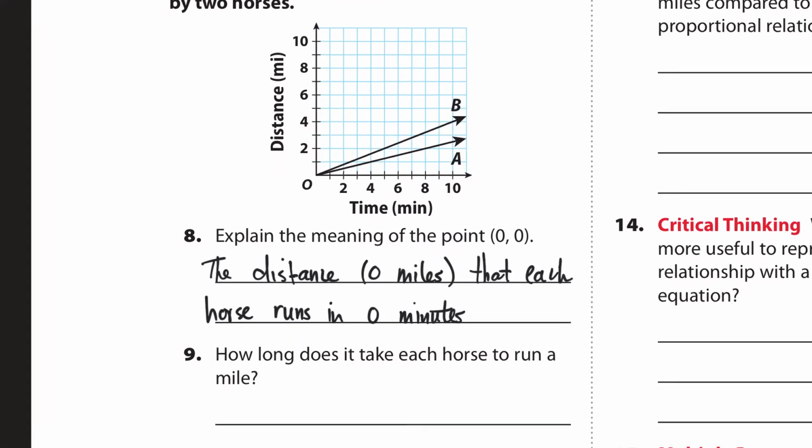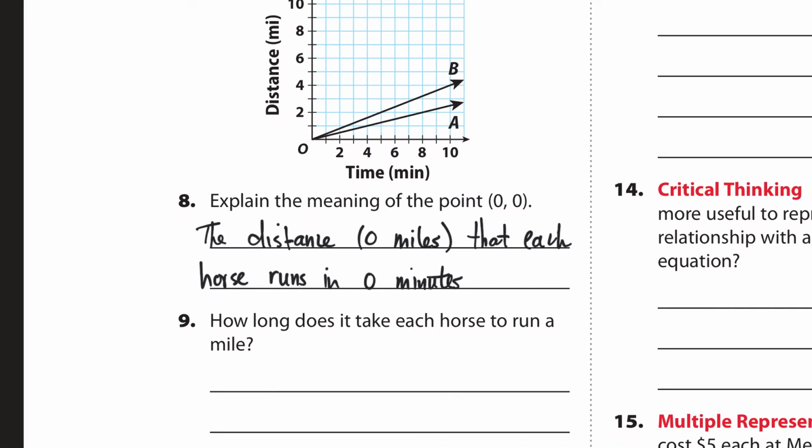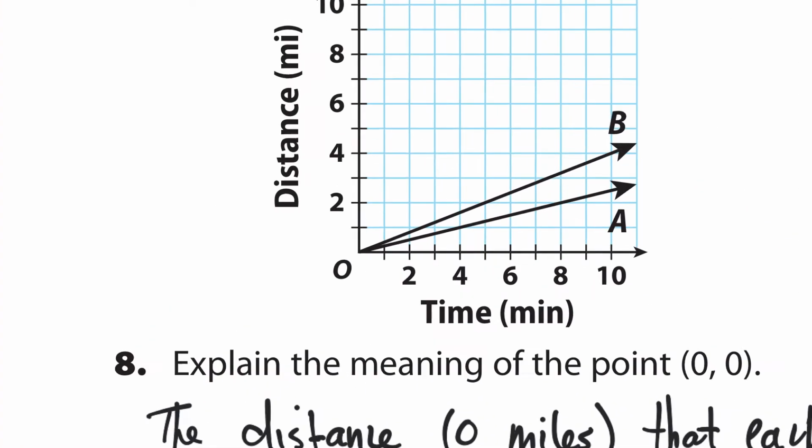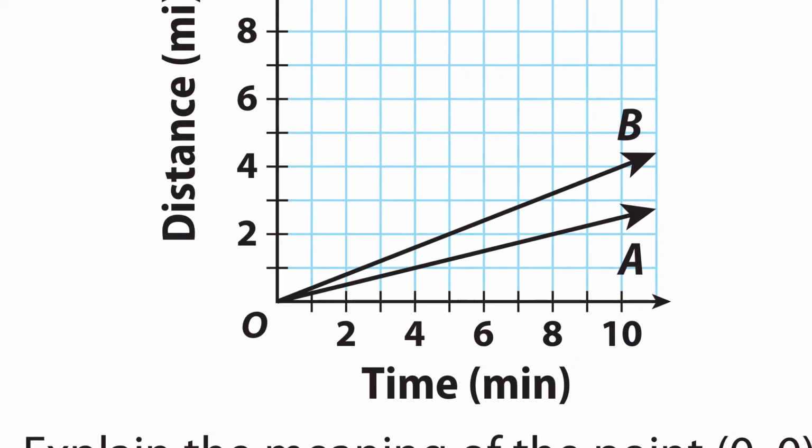How long does it take each horse to run a mile? Well, for horse A, let's zoom in here quite a bit. 1 mile is, I'll put it in red right here. That's 1 mile.